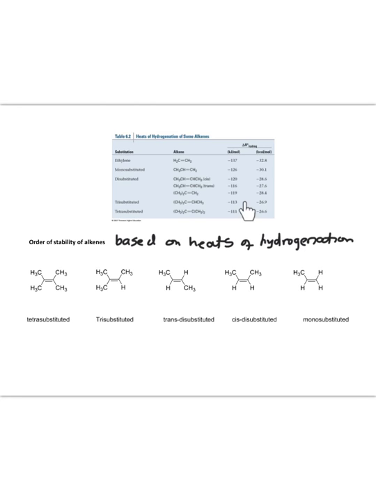Based on the heat of hydrogenation, we can see that tetra-substituted are more stable, followed by tri-substituted. And in the previous slide, we saw that the trans was more stable than the cis. And then finally, the di-substituted are more stable than the mono-substituted. So here, this is more stable, and this is least stable.